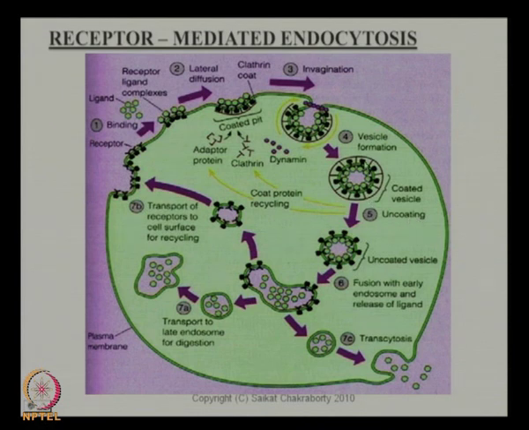So, look here. The vesicle is formed, and then the coated pit is thrown out and recycled, so that it can go back to the membrane, because the coated pit does not have to be there all through, and this goes back over here and forms on the surface. Why? So that it can be there to facilitate the next set of receptor ligand binding.